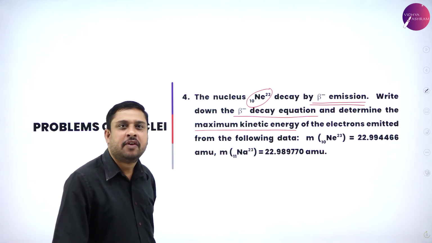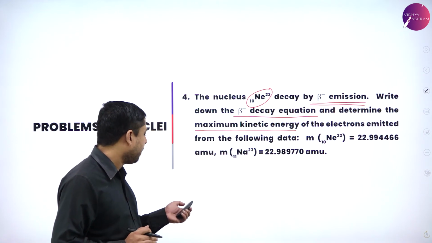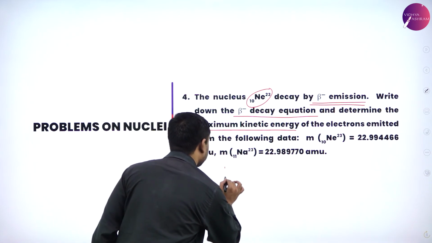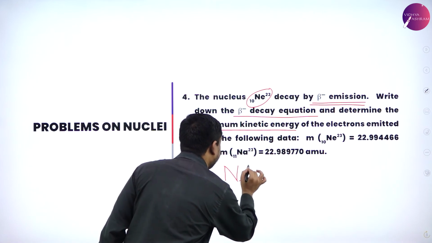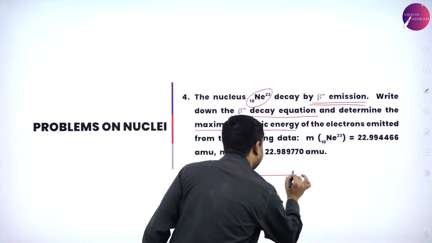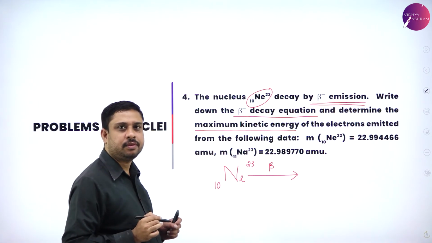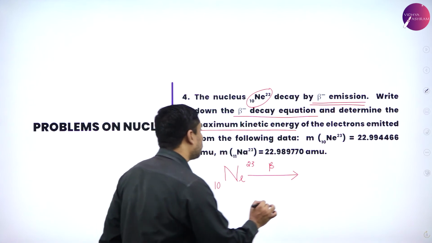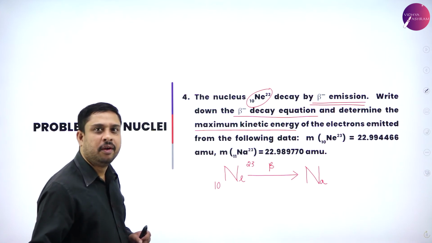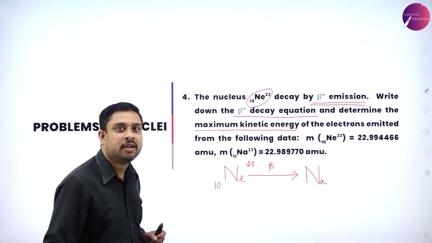Mass of the parent and the daughter nuclei is given. So, if I write the beta decay equation, Ne-23 is undergoing beta decay. The daughter nuclei formed is sodium. What are the conventions? Rule.